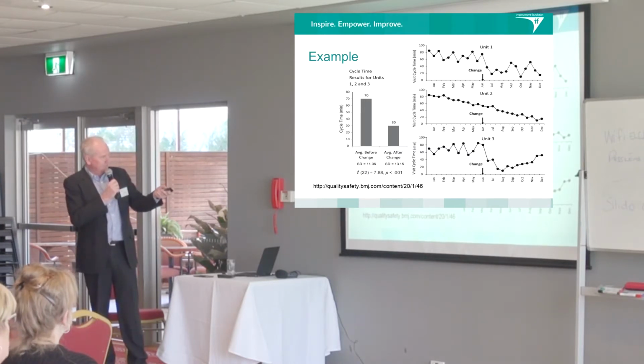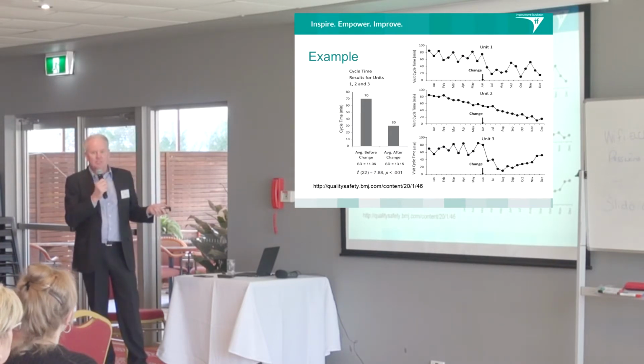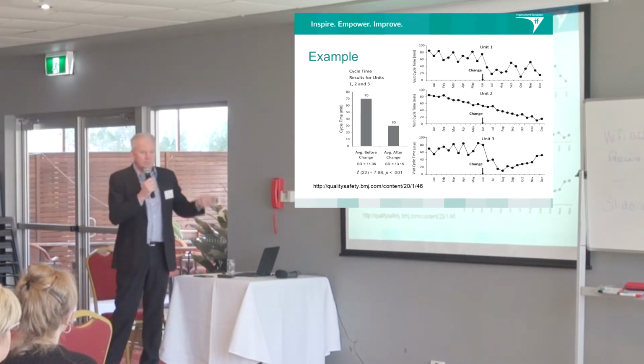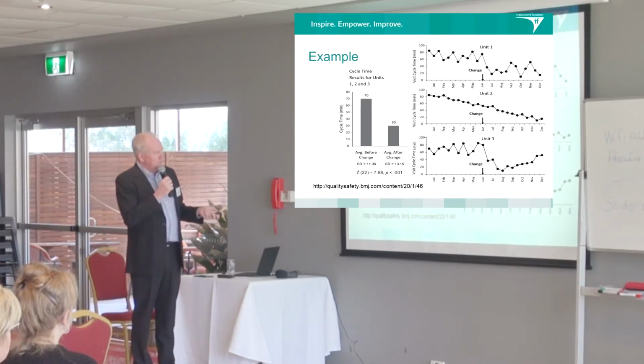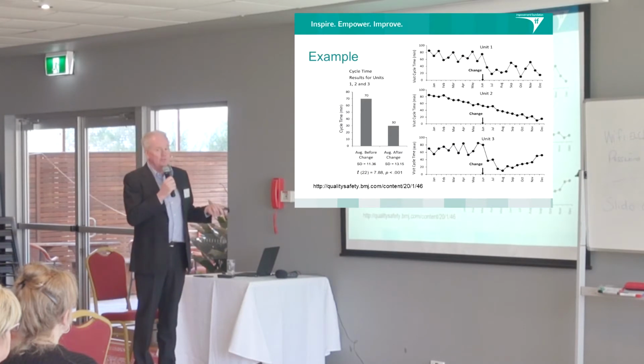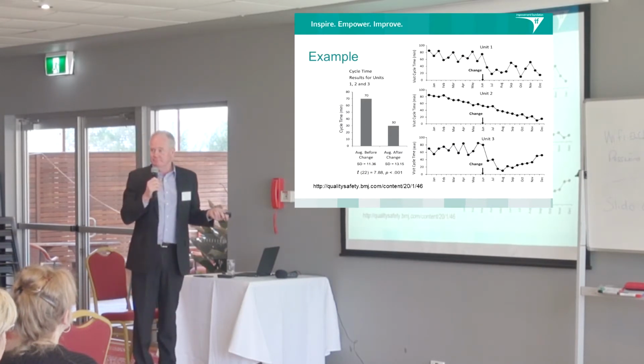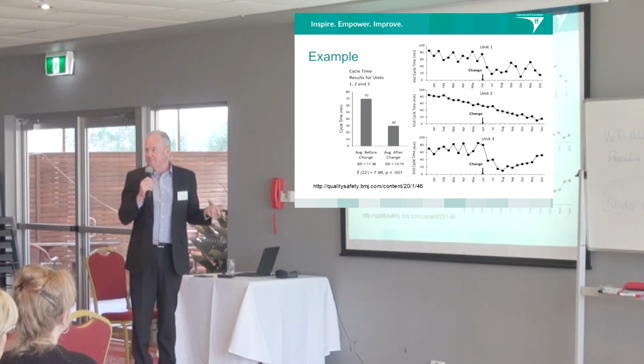All of those 3 run charts produce that data. It's been set up by a university to demonstrate the difference in the run charts. Only one of these run charts is actually an improvement as a result of the change. Anyone have an idea which one it would be?